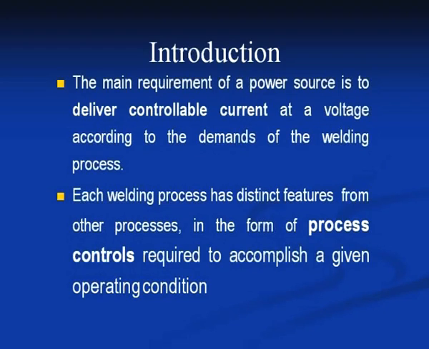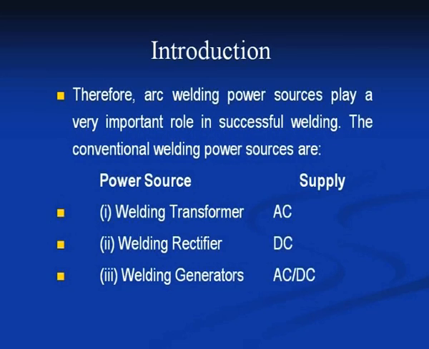Each welding process has its own specific features as far as the power requirement is concerned, and that is why different types of power sources are recommended for the different arc welding processes. These power sources contribute significantly in producing successful weld joints.